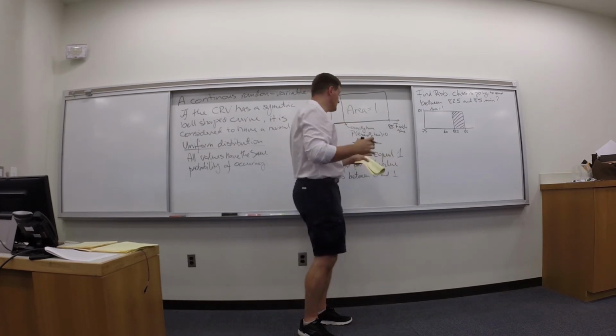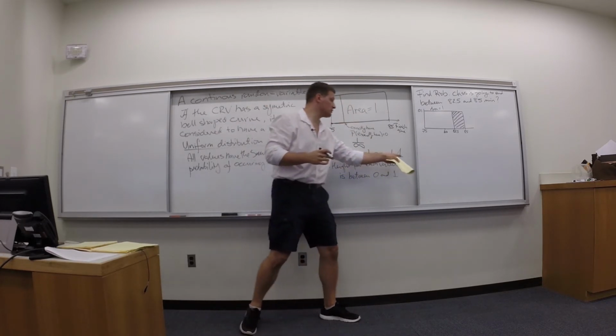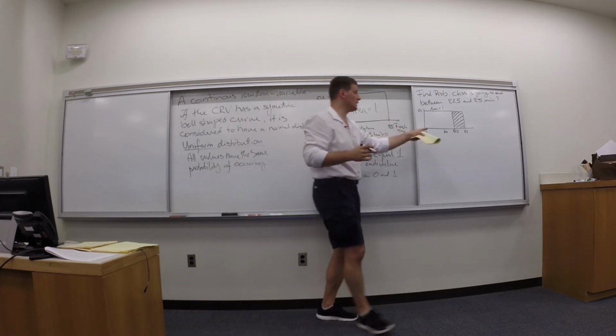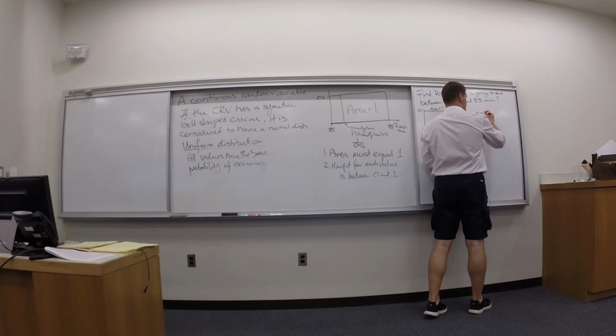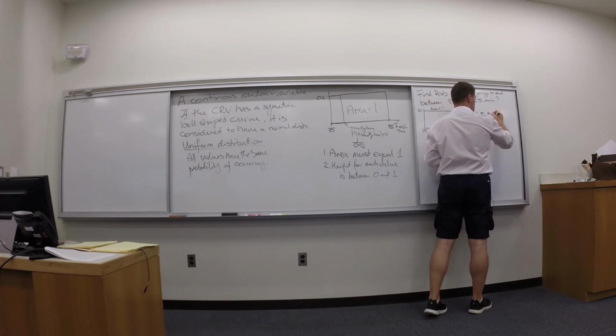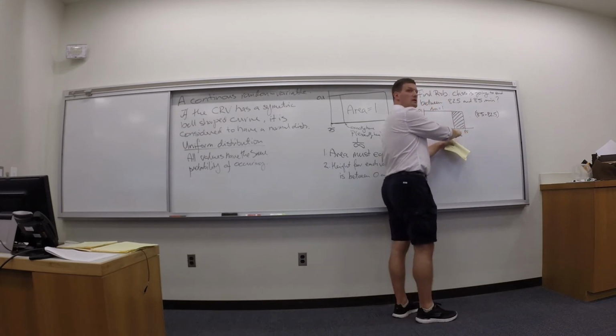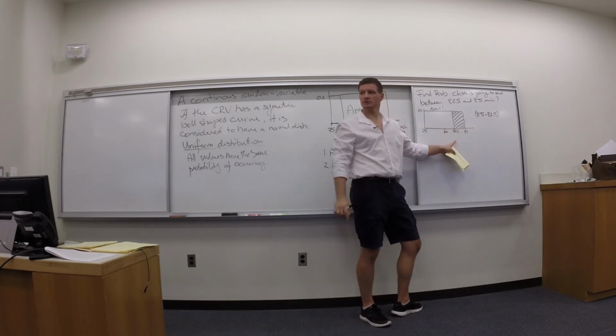We said probability, we're going to force area to be 1 so we can equate it to probability. So what's the area of this little section? Well, this area is 85 minus 82.5. That's the width of that box.